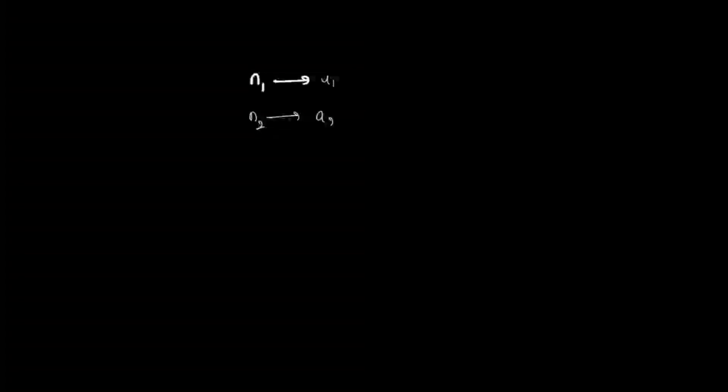Look at the formula for the discussed problem. Suppose you have n1 observations whose average is a1, n2 observations whose average is a2, and so on, n3 observations whose average is a3. The combined average is n1 a1 plus n2 a2. This is only for 2 groups.